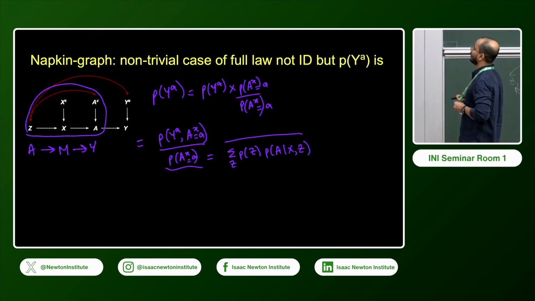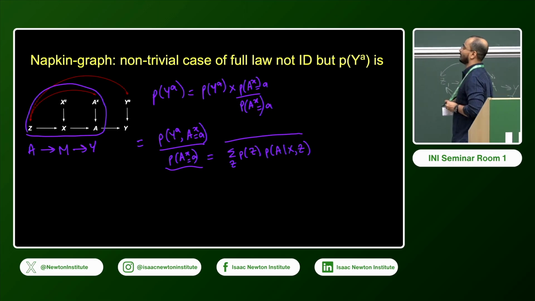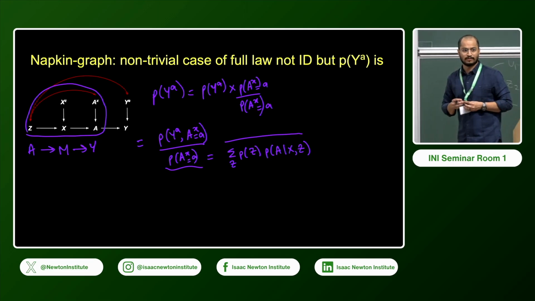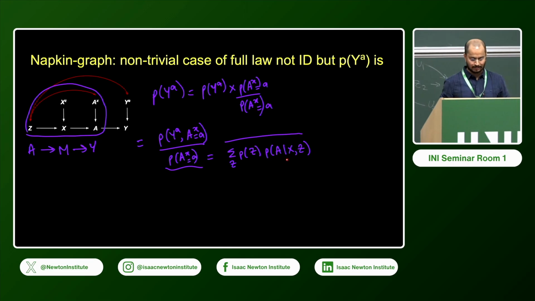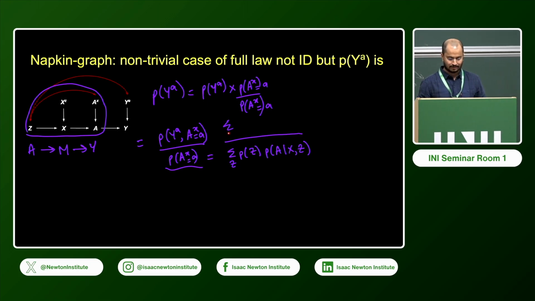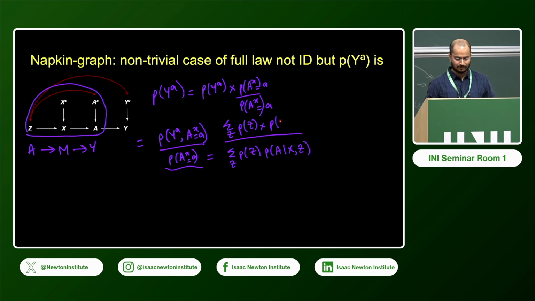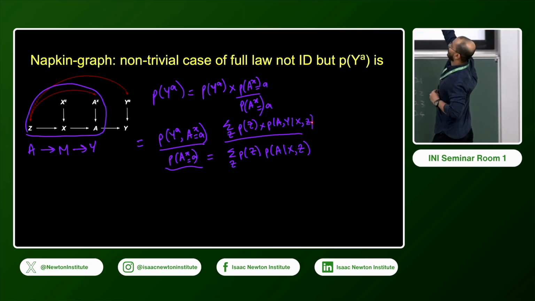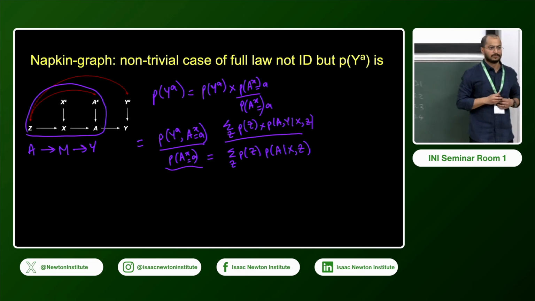The numerator is essentially the joint effect of X on A and Y. It's basically the same as this, except I have P of Z times P of A and Y given X and Z. So it's exactly the same as the denominator, except you also have Y being a random variable in the numerator.